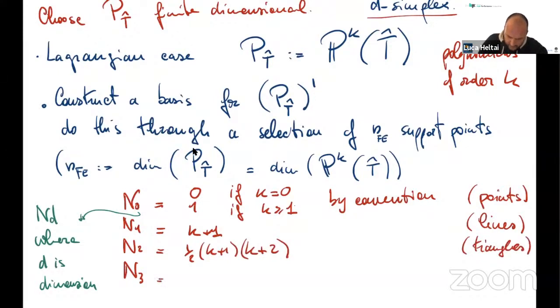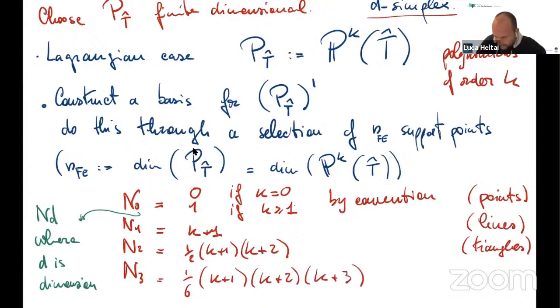And N3 is equal to 1/6 (k plus 1)(k plus 2)(k plus 3) for tetrahedra.